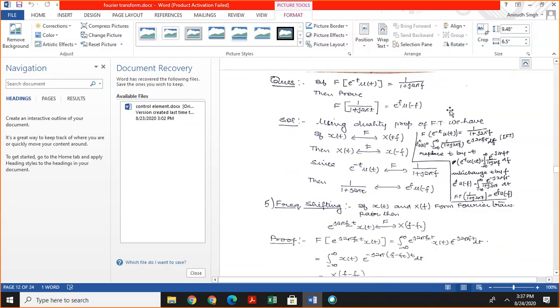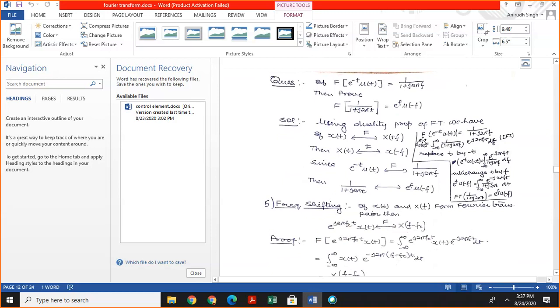Here we use the duality property. In the duality property, first we take the inverse Fourier transform, then we replace t by minus t and interchange t by f.